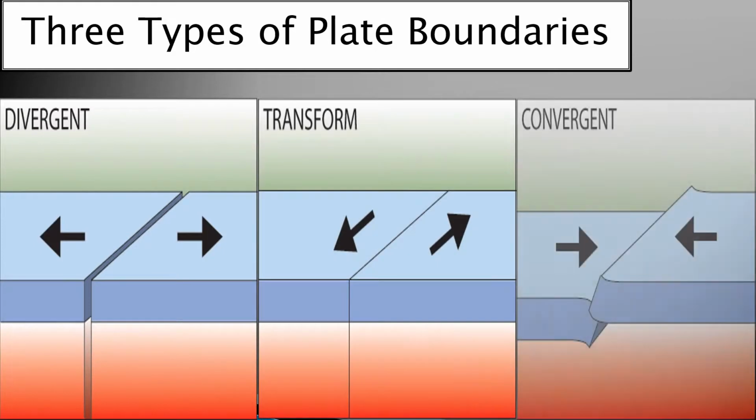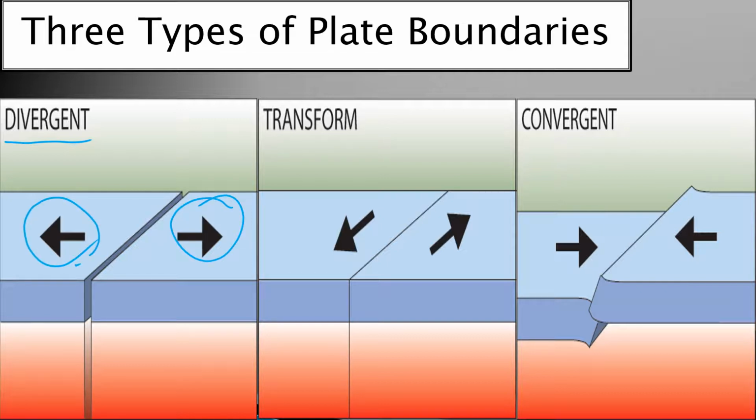Now there are three types of plate boundaries, each related to the movement seen along that boundary. We have divergent boundaries where the plates move away from one another. We can see that indicated by the arrows right here. They move away, they diverge. We have convergent boundaries where the plates move towards one another.